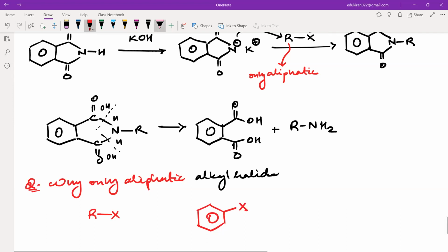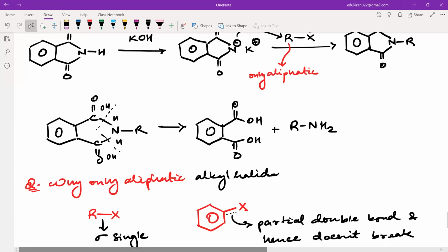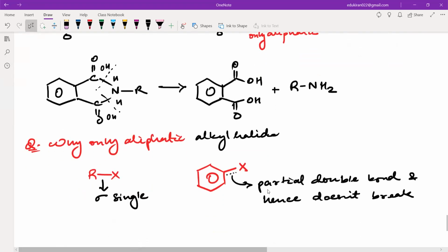Now we know that this is a pure sigma bond, single. And this is partial double bond character, and hence it doesn't break easily.